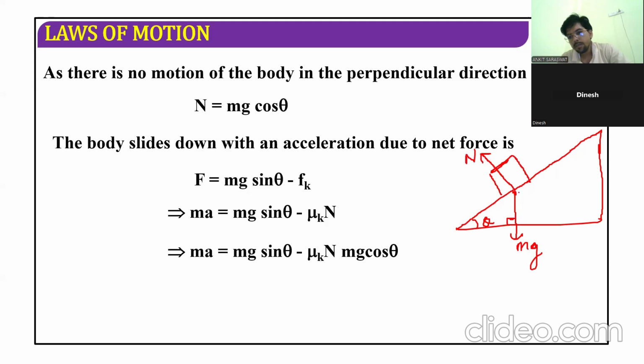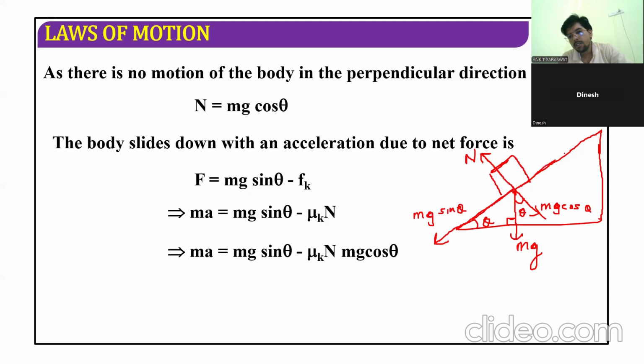This is 90, this is theta. Theta is more than alpha. This is mg cos theta. This is mg sin theta.